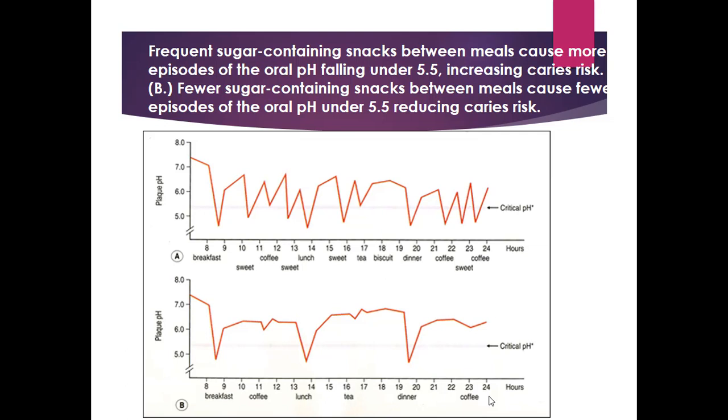Fewer sugar-containing snacks between meals cause fewer episodes of the oral pH under 5.5. So when you take longer breaks in between meals, your saliva has more time to neutralize that acid. If you're constantly eating and snacking, the saliva doesn't have the time to neutralize that acid, and you're making yourself more susceptible to caries.